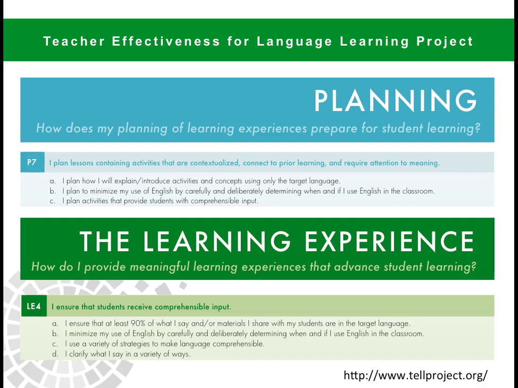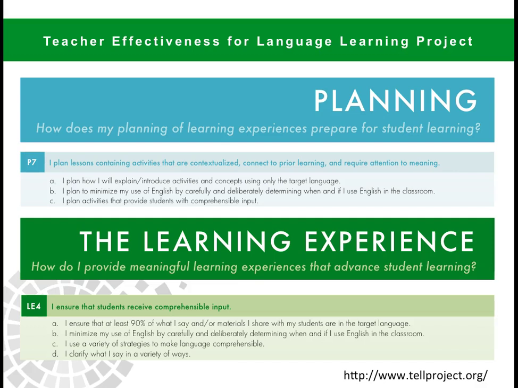Under the planning domain, the focus question is, how does my planning of learning experiences prepare for student learning? And the specific criteria is, I plan lessons containing activities that are contextualized, connect to prior learning, and require attention to planning. Under this specific criteria, we have several points.